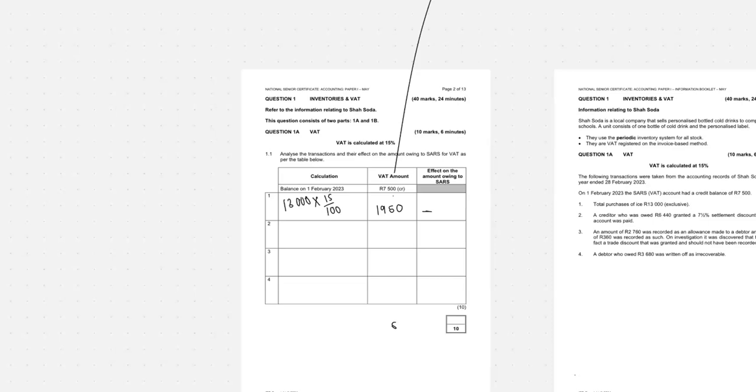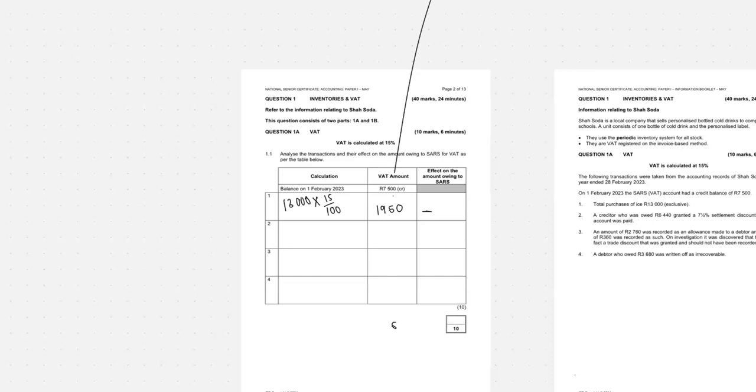So it's input VAT because what happened? The owner of the business went and purchased things and you were charged VAT on those items that you purchased. So now SARS owes you that money. So that means this 1,950 will decrease the amount we owe to SARS because this is input VAT. Is that making sense? I need you guys to be vocal before I move on.